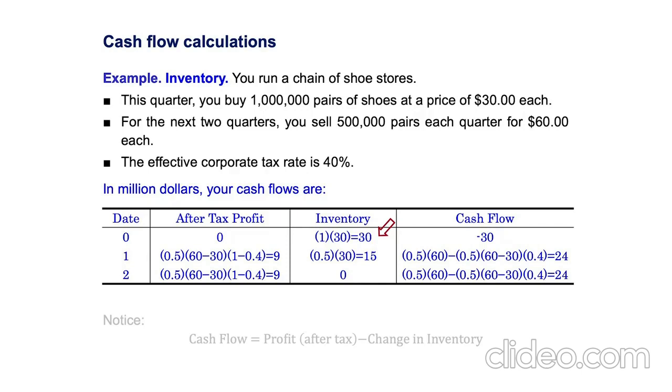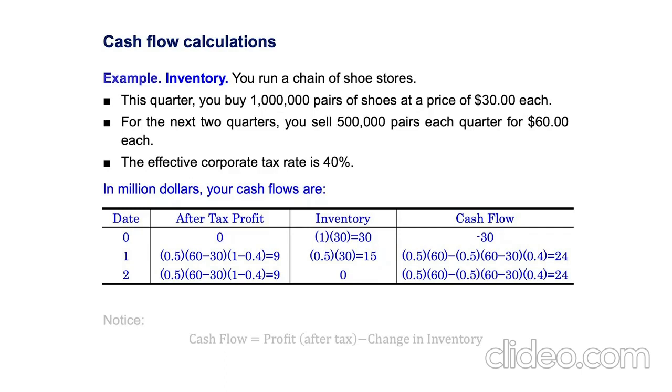It implies a cash flow of minus $30 million, the amount of cash paid for that inventory. For quarter 1 and 2, inventory decreases by $15 million, respectively. It then implies a cash flow of plus $15 million, the amount recouped from selling the inventory.